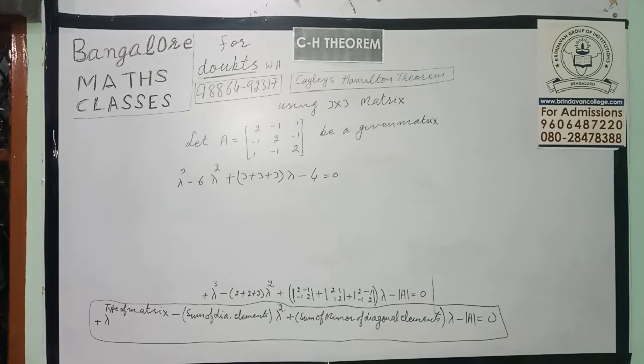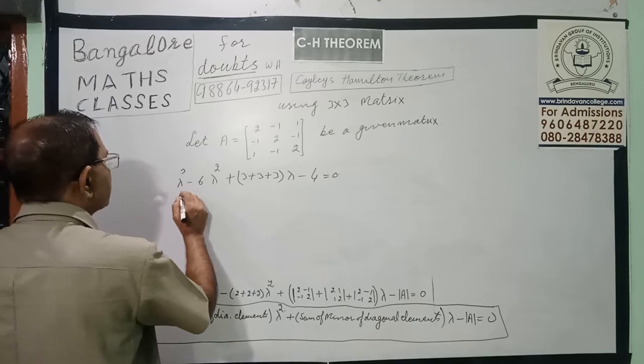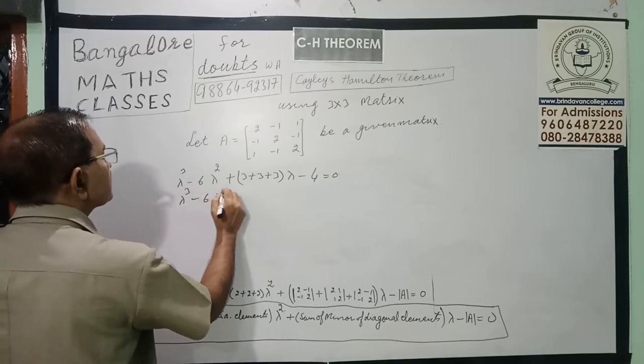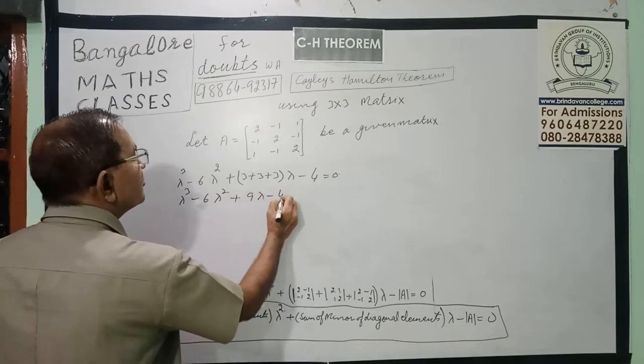So we have got the characteristic equation as lambda cube minus 6 lambda square plus 9 lambda minus 4 equals 0.